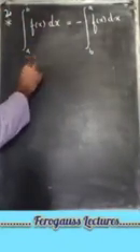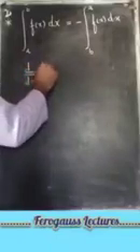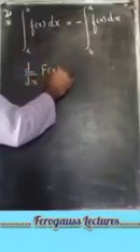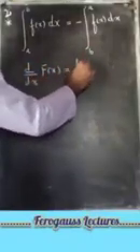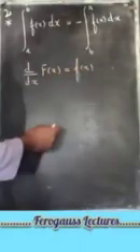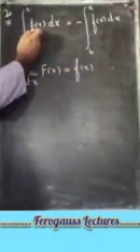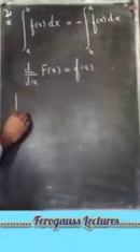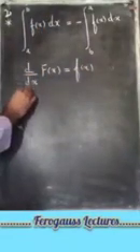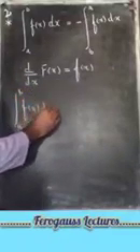Okay? Now let us prove this result. For that, let the derivative of F(x) be equal to f(x), or we can say let F(x) be an antiderivative of f(x). Now consider this integral, integral from a to b f(x) dx.